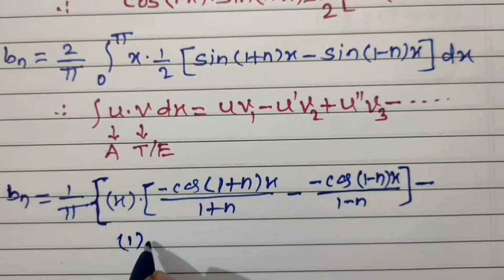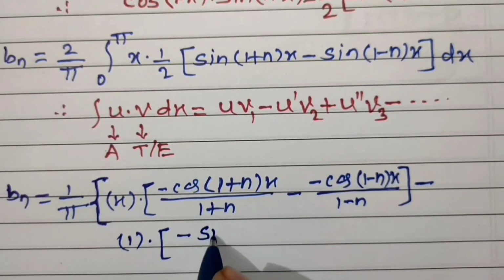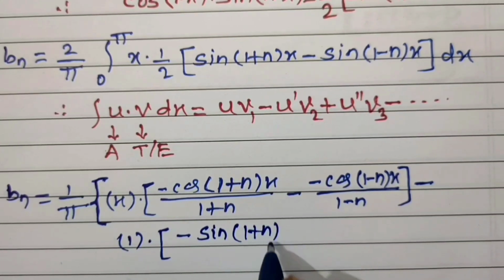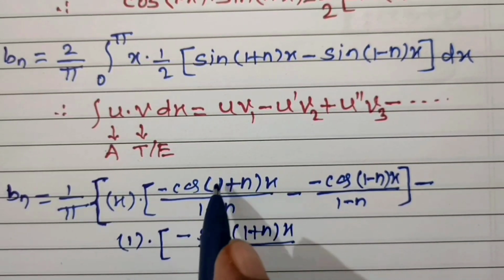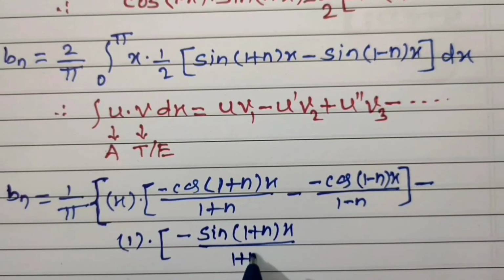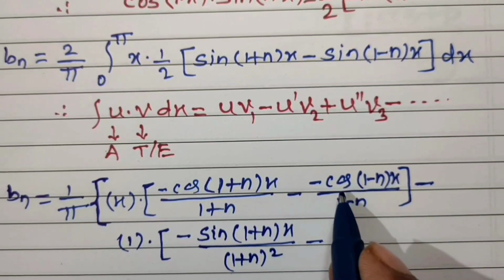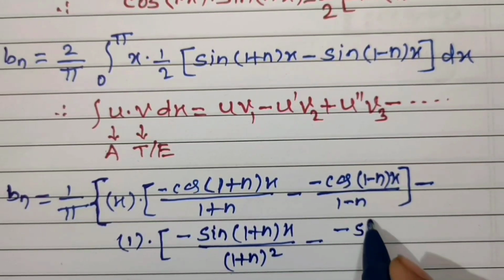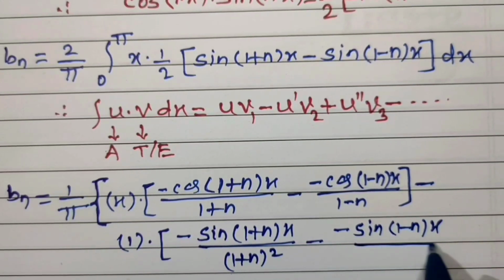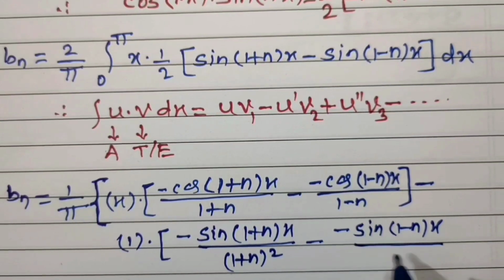derivative of x is 1 into integral of this with respect to x. Minus, as it is, integral of cosine function is sine of (1 plus n) times x divided by derivative of (1 plus n) times x, that is 1 plus n, and this 1 plus n, that becomes (1 plus n) square of this, minus again integral of cosine of (1 minus n) times x, sine of (1 minus n) times x divided by derivative of (1 minus n) times x, that is 1 minus n, and this 1 minus n, that gives (1 minus n) square.